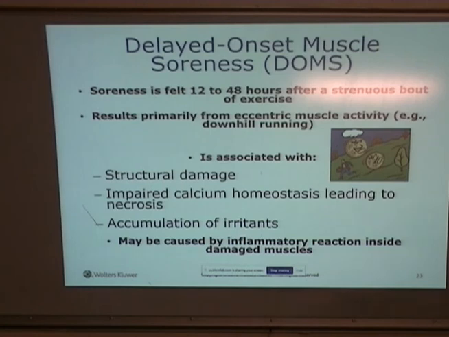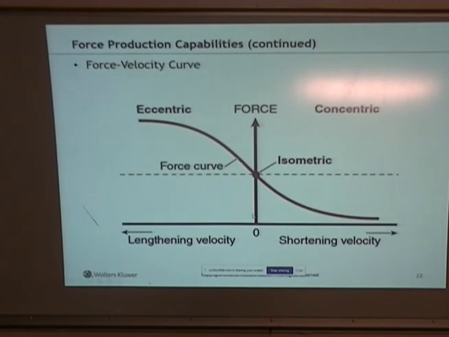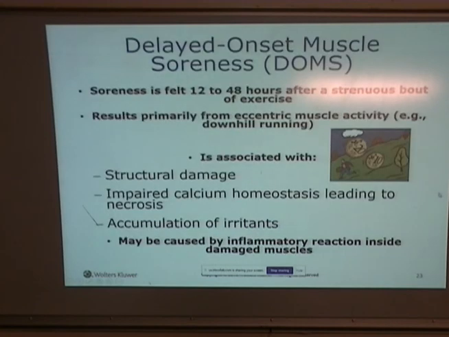The eccentric action, go back to the graph. Right? The eccentric action is creating the most amount of force. So it's the eccentric muscle activity that is primarily to blame for DOMS. Right?